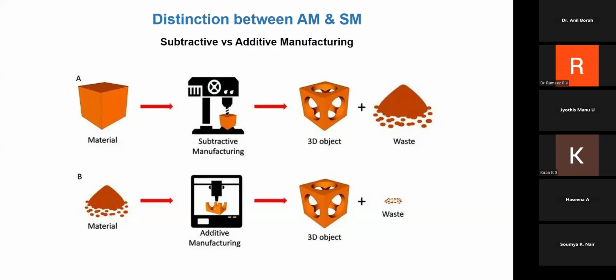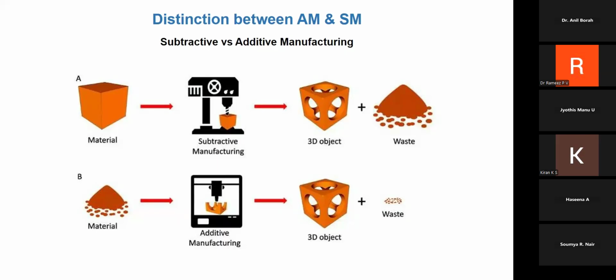For example, if you make the same complex component using conventional machines, sometimes a 3-axis CNC machine is not viable or usable for making complex shapes. Then what do you have to do? You have to go for a 5-axis machine. Obviously, the manufacturing cost increases, because the 3-axis per hour rate may be 200 rupees per machine, whereas with the 5-axis, the per hour rate is 400 rupees. So obviously the cost of the component increases.